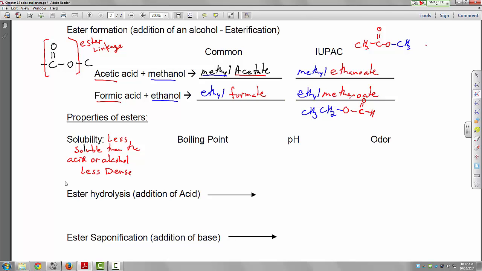If you remember, we made these esters in lab in our test tube, and you had a tiny little ester layer on top, and on the bottom we had the acid and the alcohol.